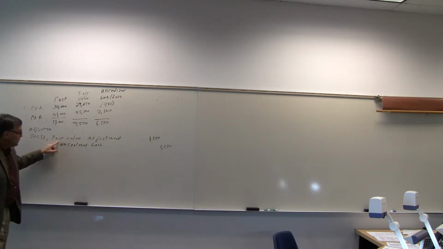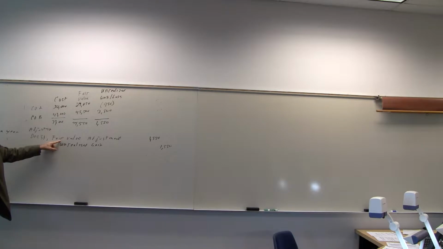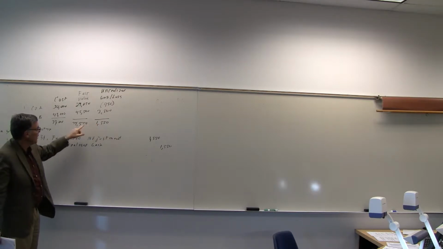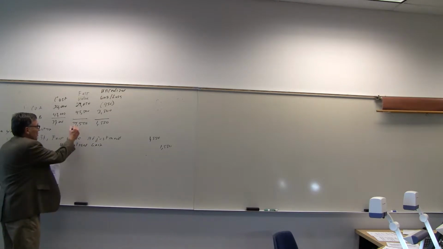So this goes to your balance sheet to increase the value of your asset. This is what your asset is. The cost will increase by 1,550, and the current fair value will be 74,550. Okay?